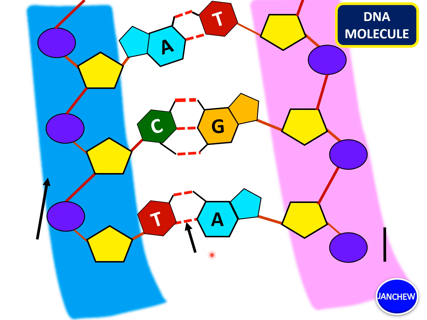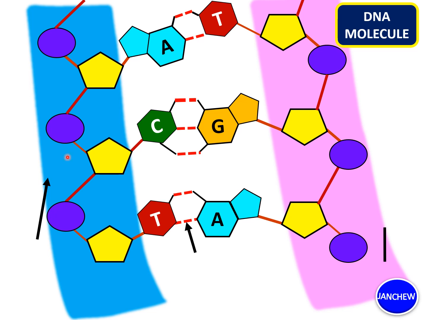This is another version showing the structure of the DNA molecule, and it's something similar to what you have in the textbook, so I will have to explain this to help you understand. Okay, so in this diagram we still see the nucleotides joined together to form a long polynucleotide strand.